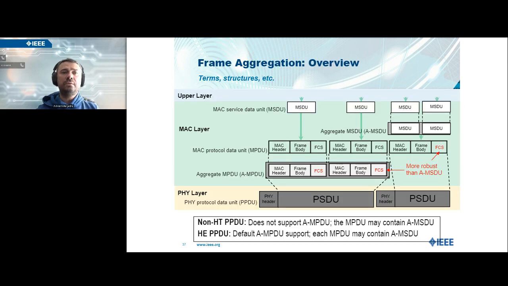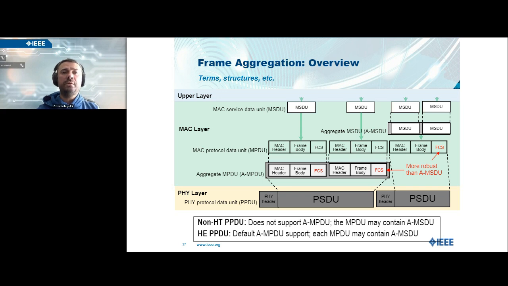So an overview of frame aggregation, giving you an idea as to how the data being provided by the upper layers is delivered through the MAC layer and then to the PHY layer and then over the wireless medium and then to the receiving end. So you can think of this as a top-down approach of aggregation from an 802.11 perspective.